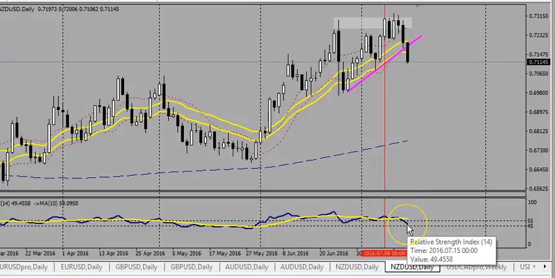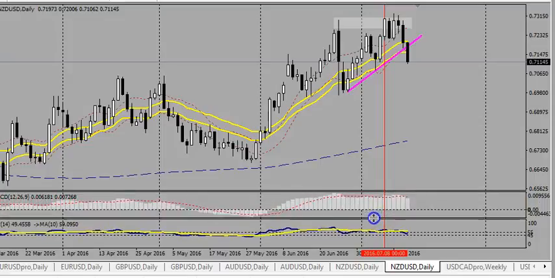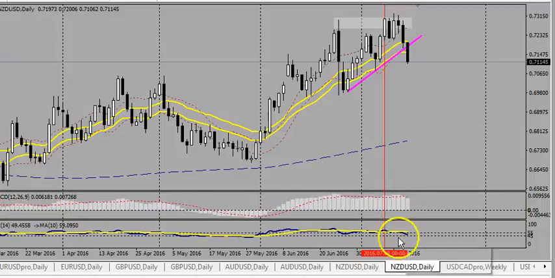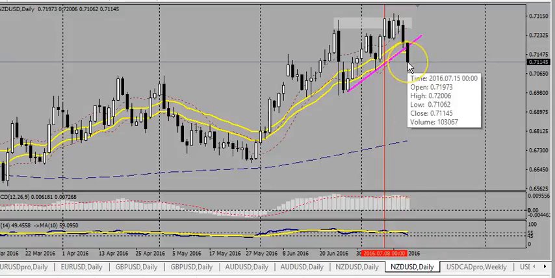So sentiment is toward the sell side. However, it still has not come just below the 45 level here. And so, here we do have selling pressure. The histo bars are still quite a ways above the zero level. So that's why I'm sort of saying maybe not taking a sell trade right now.